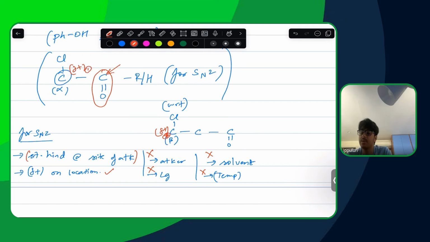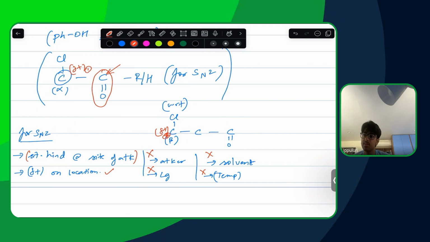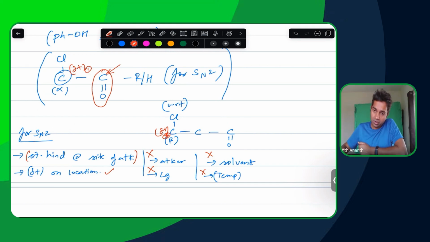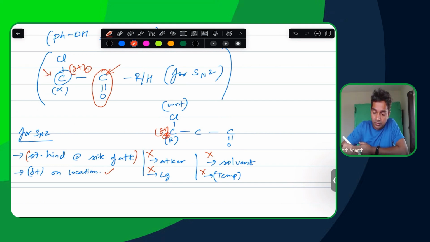The carbonyl group offers what though? Is it going to be offering any competition for the nucleophile? Because O minus also will have nucleophile. Not like that, I do not mean that. See, this location and this location, are they in competition with each other?